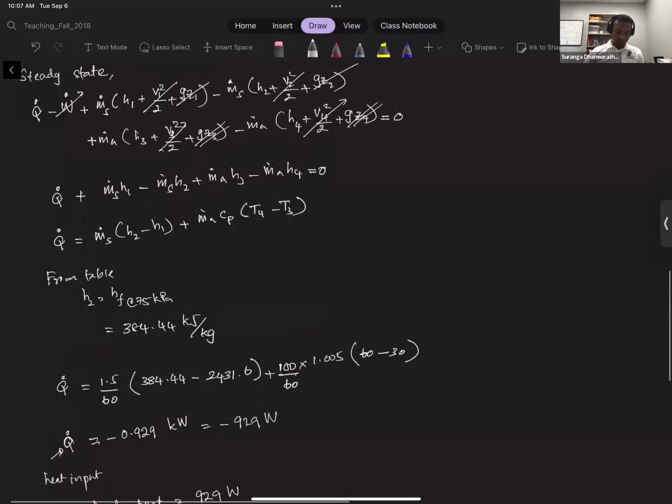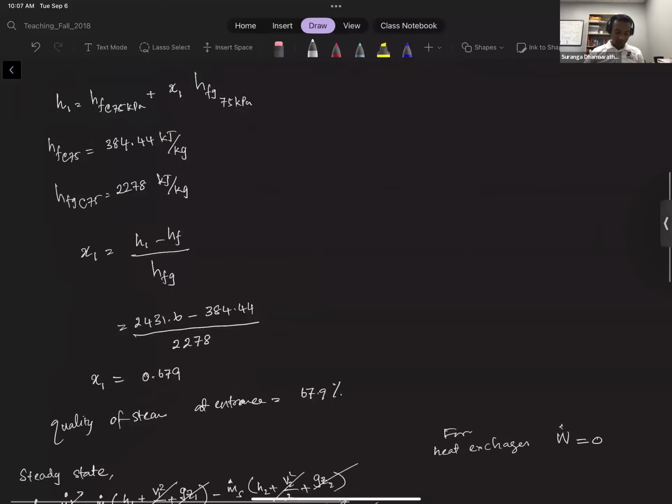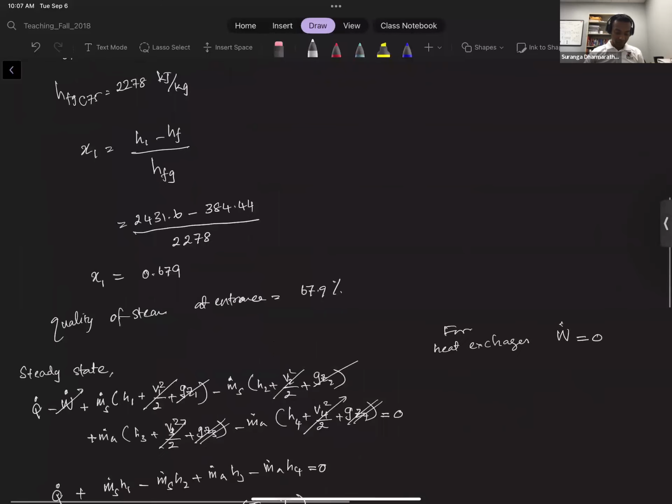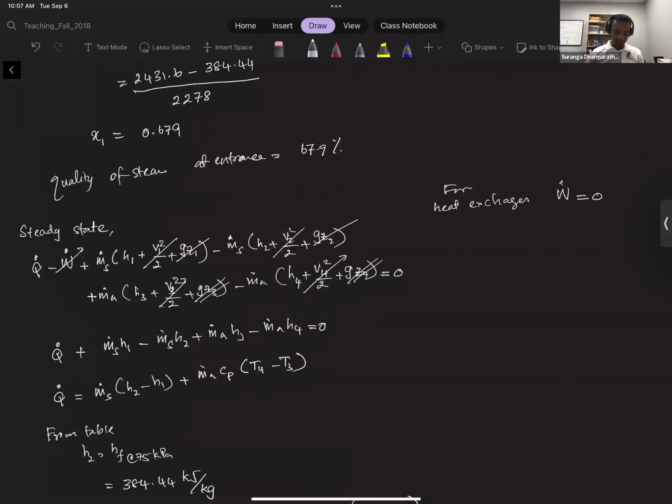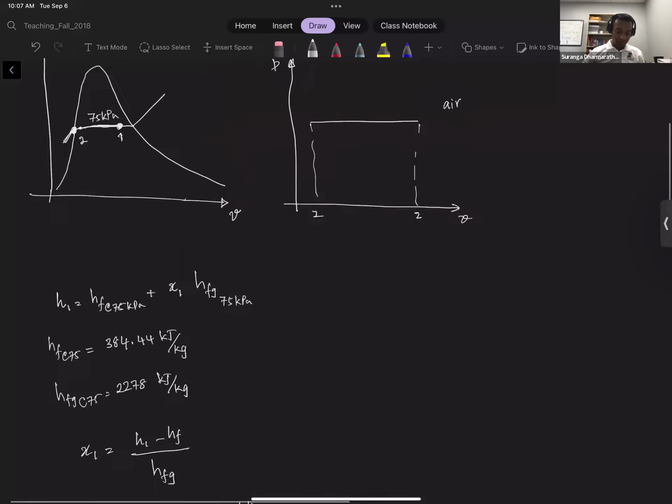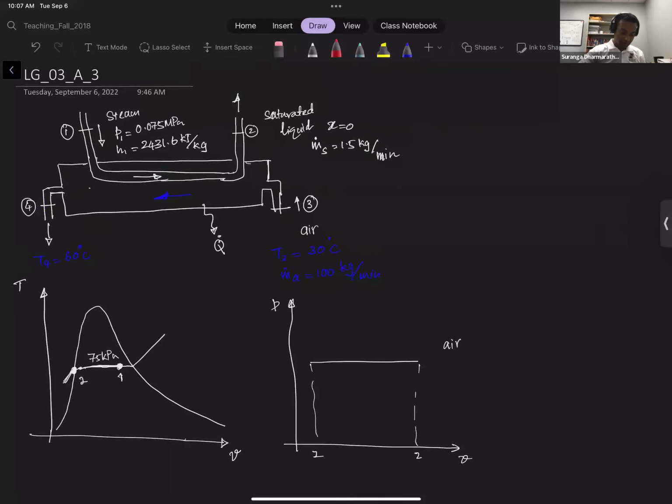So first, what we did was we found the x value, which is the first answer, and then we used the first law of thermodynamics. The main assumption is that heat exchangers do not produce any work. Those are not work producing devices. And the system we considered was this entire thing, and outside the system boundaries is the surroundings.